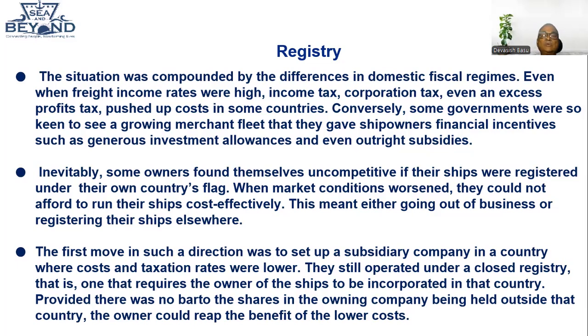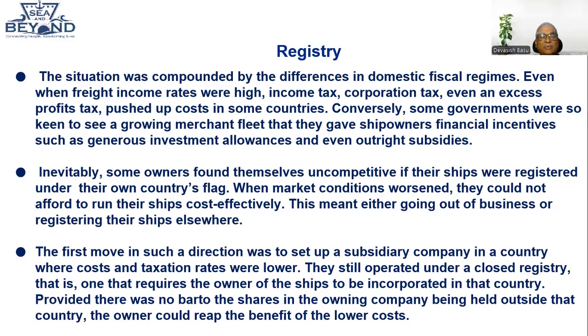So what happens is, in the past, ships which were flagged under the national flag not only paid higher wages to the crew, but you were also paying income tax to your country, a corporate tax.